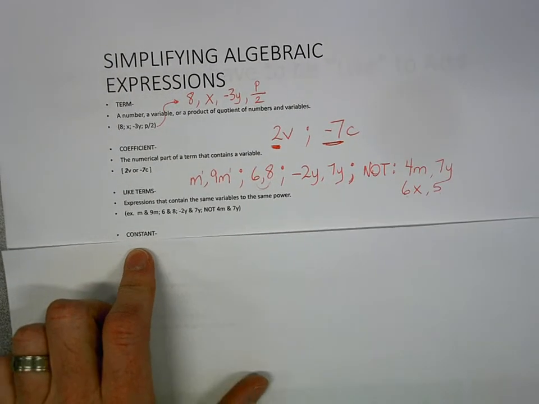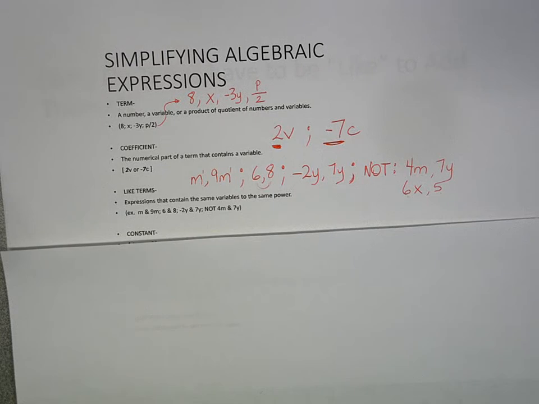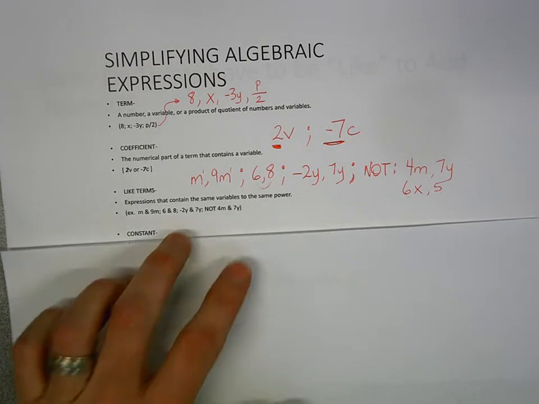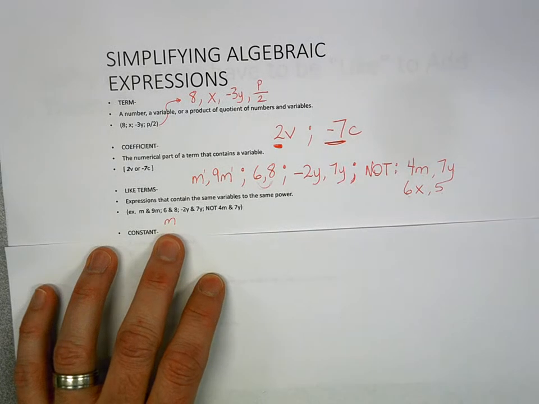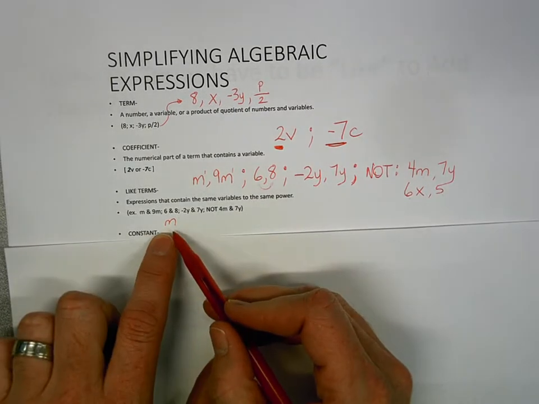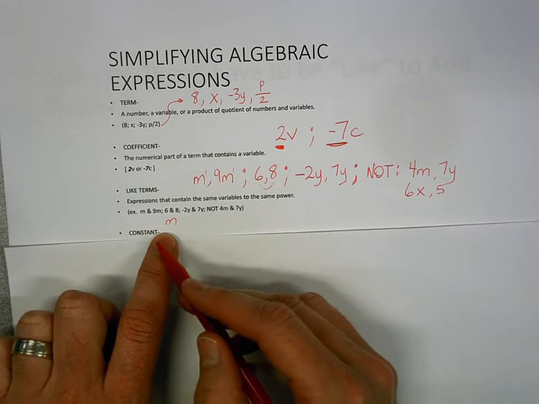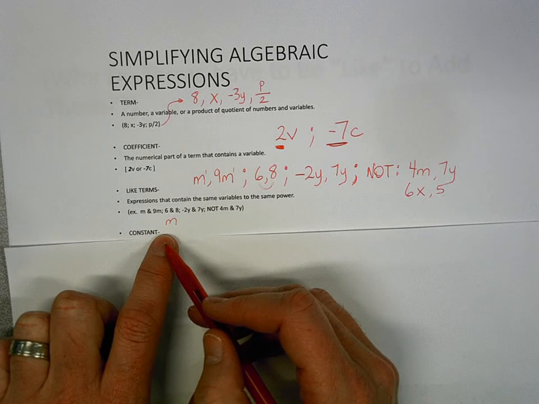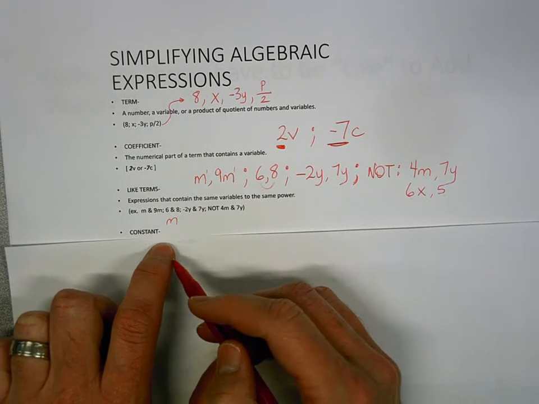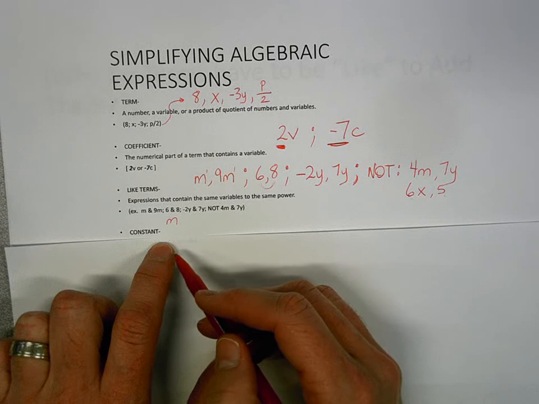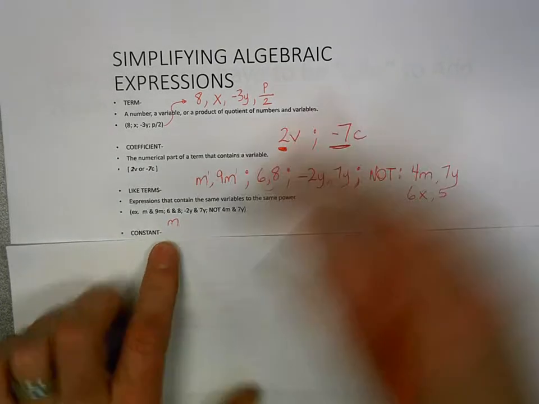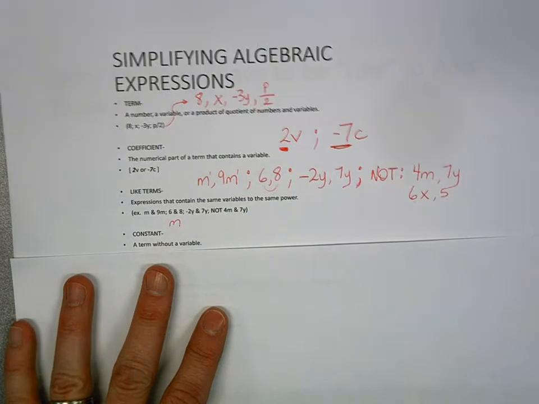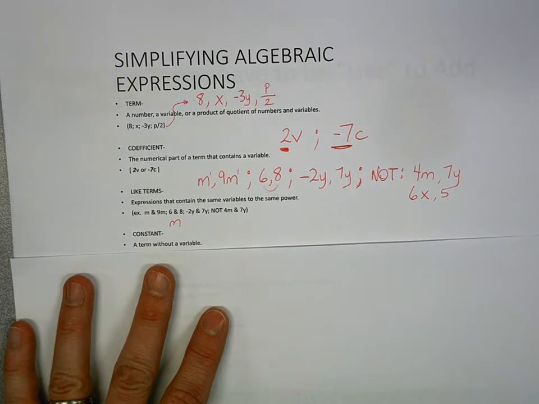When it comes to math, what doesn't change? Well, the variable does. Today, problem number 1, maybe the m is equal to 5. Tomorrow, maybe problem number 6, the m is equal to -2. It just depends on the problem. However, there's something that doesn't change, and here it is. Your book says it's a term without a variable.